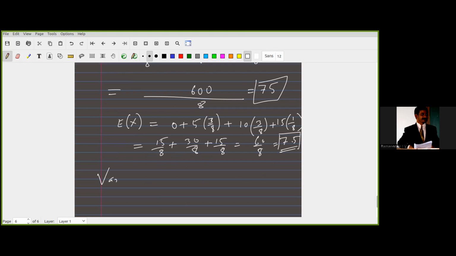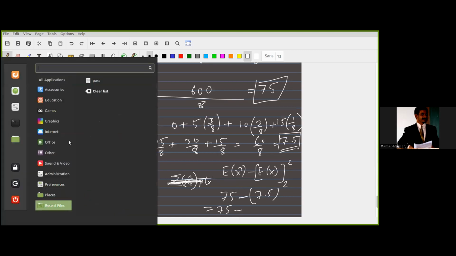Therefore, var of x, I said var of x is nothing but summation xi square p xi. Okay, I'll write a simple one. E of x square minus E of x the whole square. So E of x square I got 75 minus E of x I got 7.5. That has to be squared. So the final answer will be 75 minus 7.5 square.